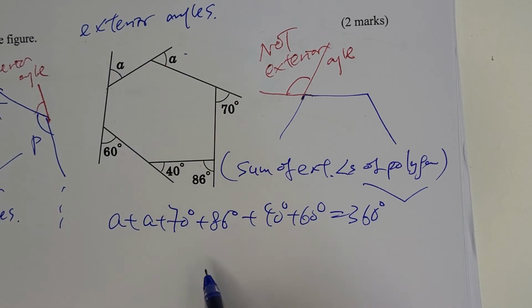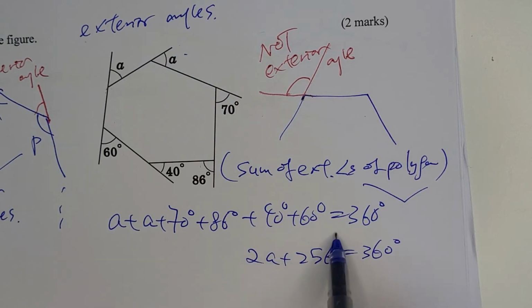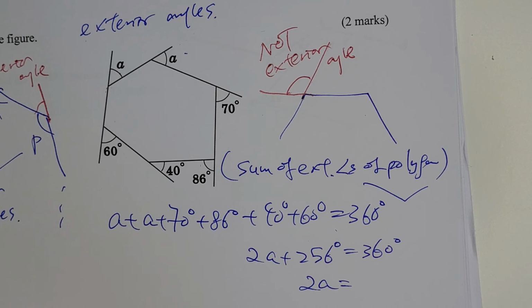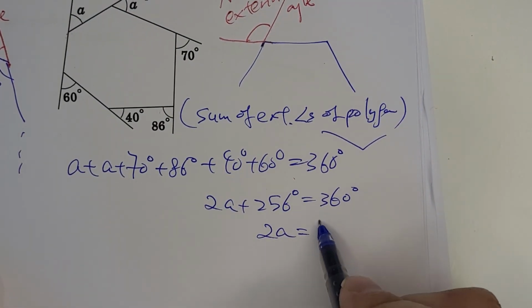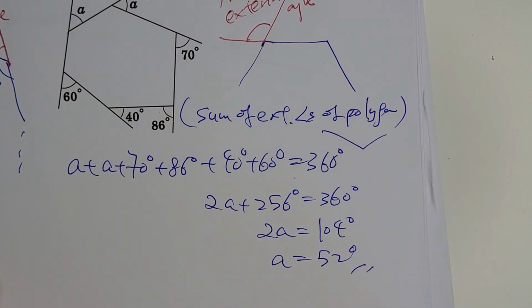Alright, so 2a plus 256 degrees equals 360 degrees. You just add all these angles up. 2a equals 104 degrees and a is 52 degrees. That's it. Okay.